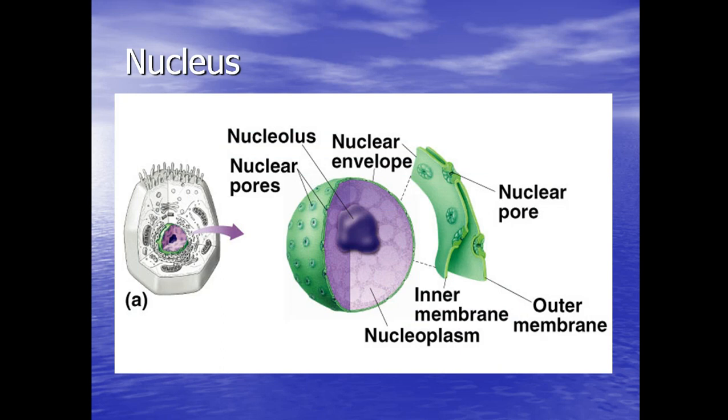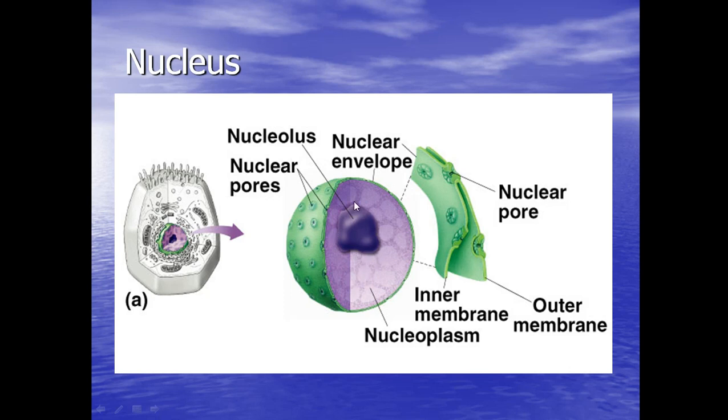If you look into the nucleus, externally the nucleus is covered by what is known as the nuclear envelope. Inside the nucleus there is again a fluid material, that is what is known as the nucleoplasm.